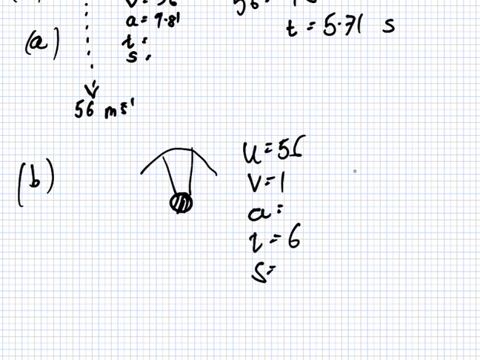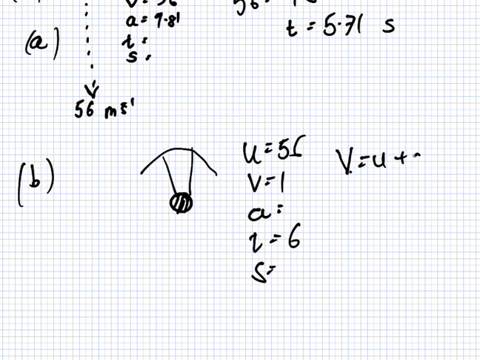So which formula to use here? What do you think? V squared equals U squared plus... no, because we don't have S. Actually, we could do this one again, couldn't we?